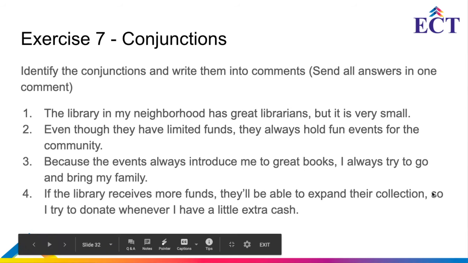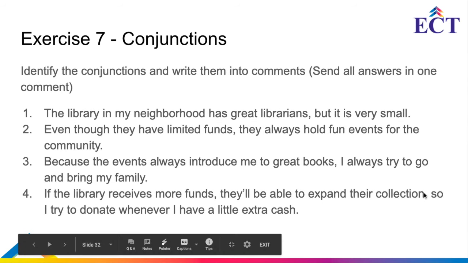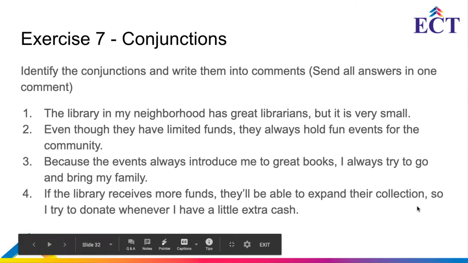Okay, the sentence is complete. You can also do this by making a full stop at collection and then so, comma, I try to donate whenever I have a little extra cash. You can do it that way as well. We'll see in the next slides how we connect and add more information using conjunctions.